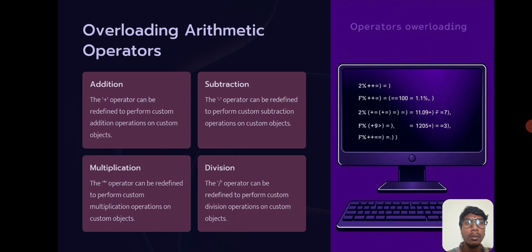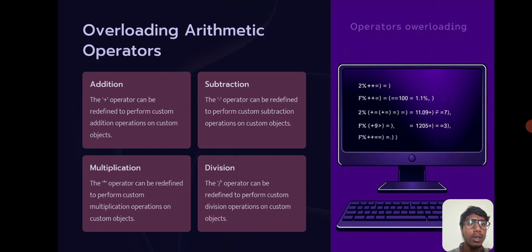Overloading arithmetic operators like addition, subtraction, multiplication, and division, represented by the symbols plus, minus, star, and slash. The plus operator can be redefined to perform a custom addition on custom objects. Subtraction.